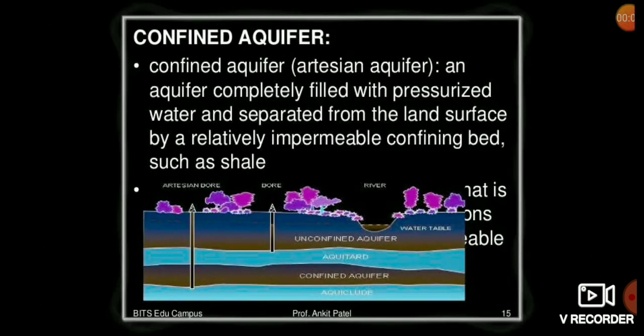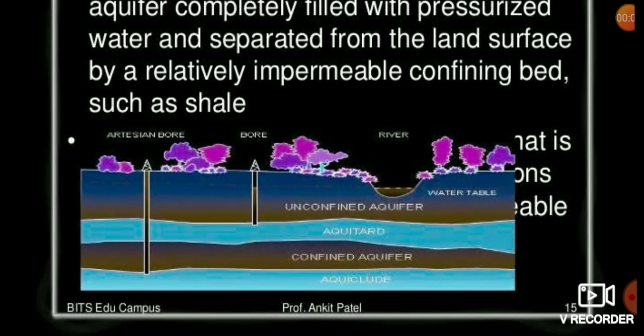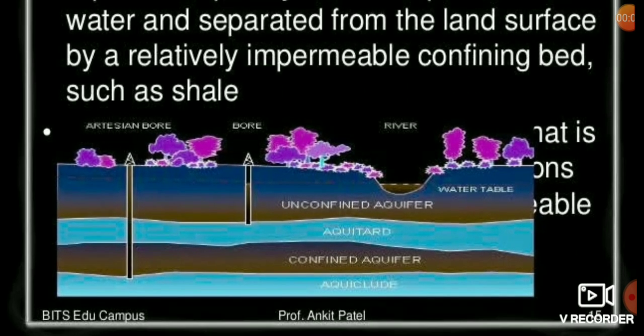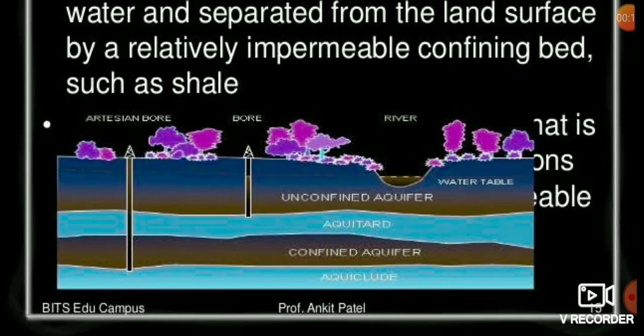Coming to the confined aquifers, these are aquifers present at the bottom of the groundwater. Here you see in the diagram that the unconfined aquifer is present at the top surface, and then after that an aquitard layer is present, and then after that the confined aquifer is present, and then after that the aquiclude is present.